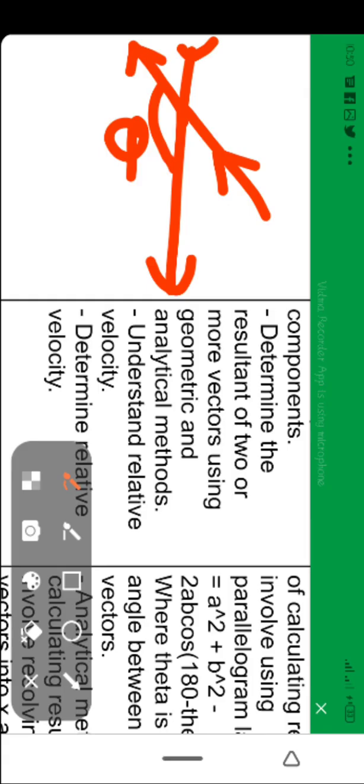Now look for where both of them are leaving the point. You have this place. So this will be your angle between the two vectors. Once you're able to identify the angle between the two vectors, you won't have any problem.